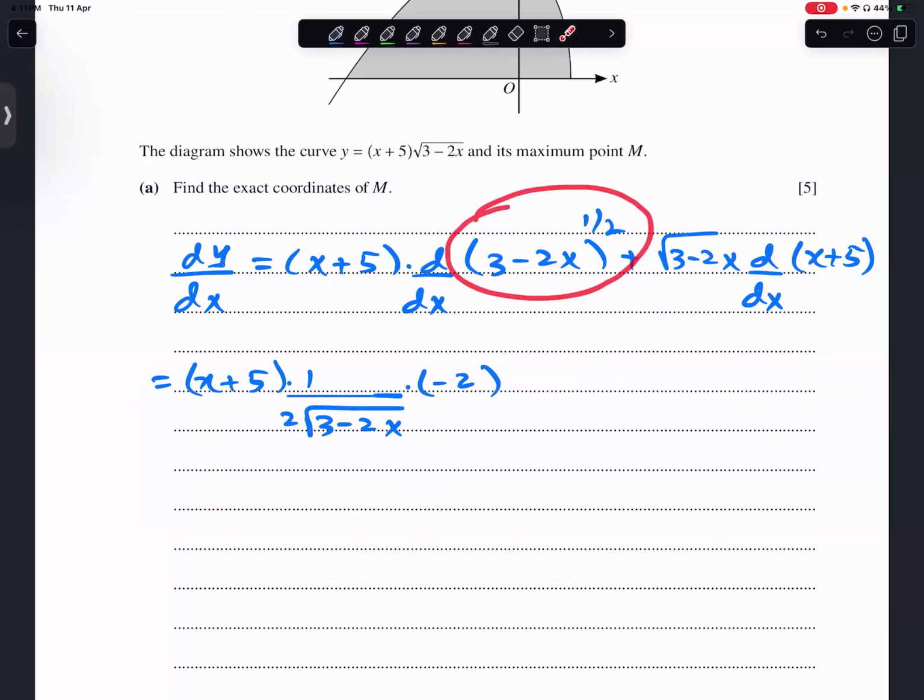This is the derivative of the power, okay? I just wrote it directly. Please understand this, students. And then plus 3 minus 2x, derivative of x plus 5 is just 1.